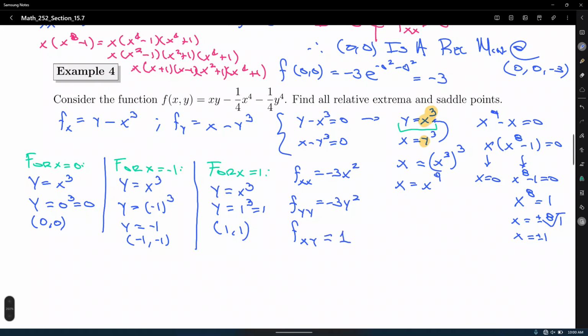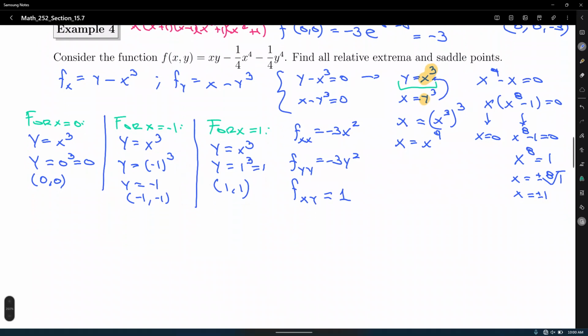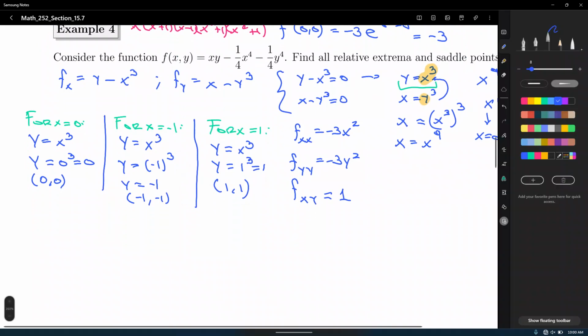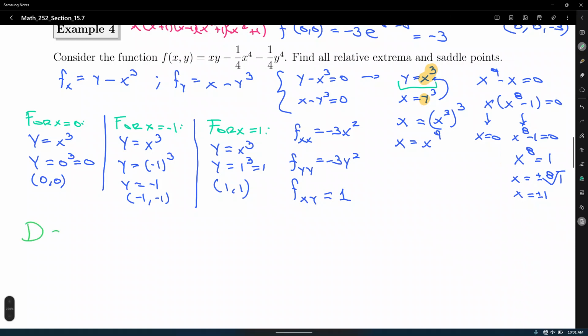So we have everything we need to establish our expression D. So let's go for it. D equals f double x, f double y, minus fxy quantity squared. That is negative 3x squared times negative 3y squared, minus 1 squared.